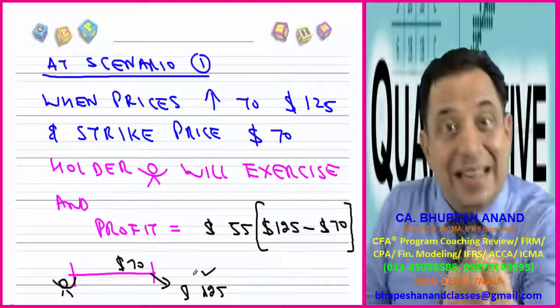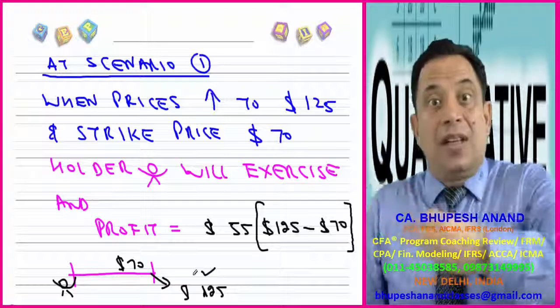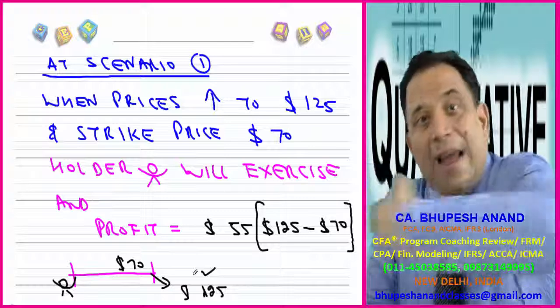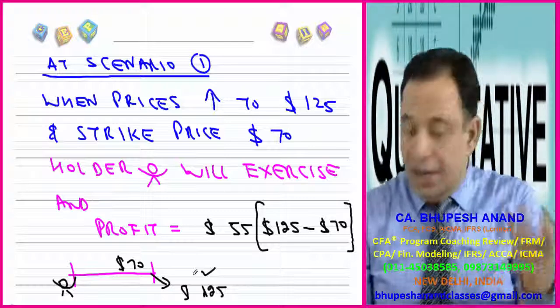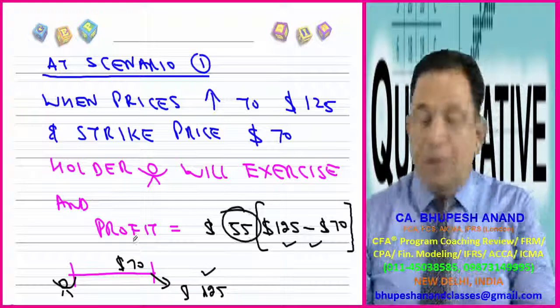It means you can sell it in the market by purchasing it from the writer. You have a right to buy it from the writer at $70 and you can sell in the market at $125. It means directly you can have a profit of $55.